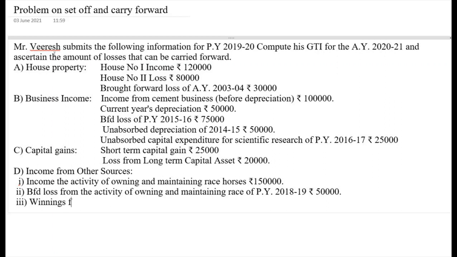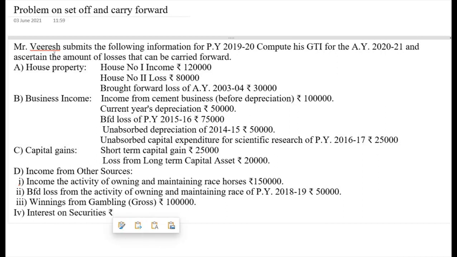Winnings from gambling, gross, rupees 1 lakh. Interest on securities rupees 60,000.